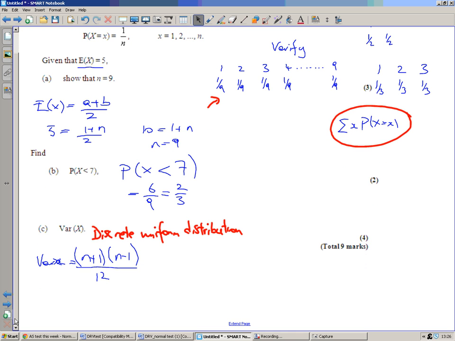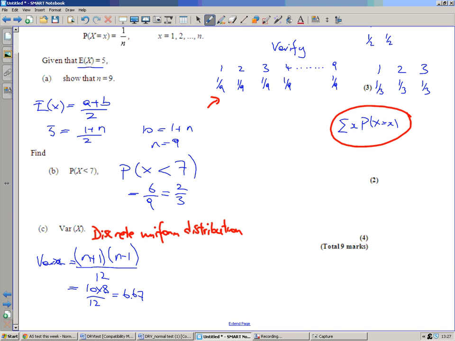It will save a little bit of time, because you would have 10 times 8 over 12, which is equal to 20 over 3, which is 6.667, or 6.67 to three significant figures.